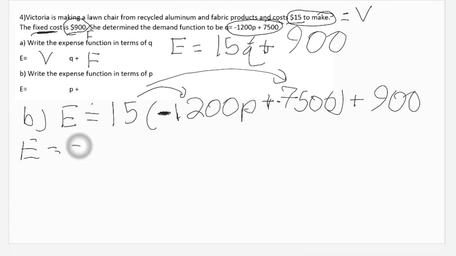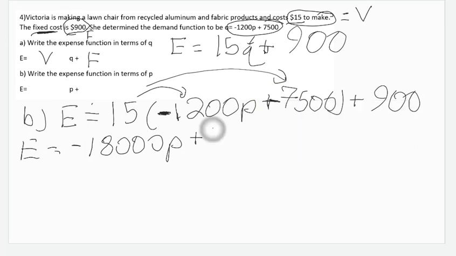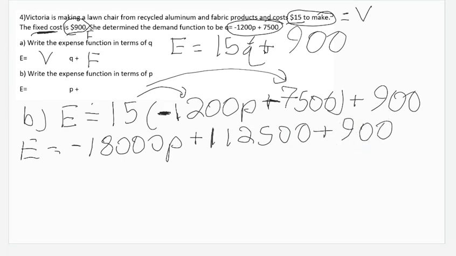So we're going to go ahead and multiply that. So I get negative 18,000 P plus, and notice this is not a negative right there. And then it's going to be 15 times 7,500, so 112,500 plus 900.